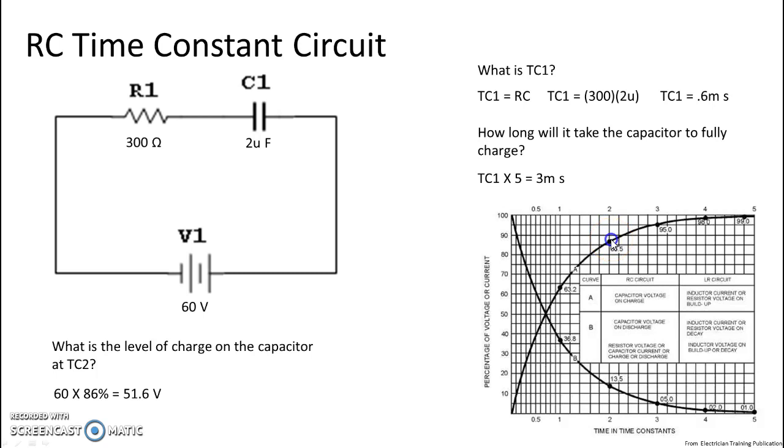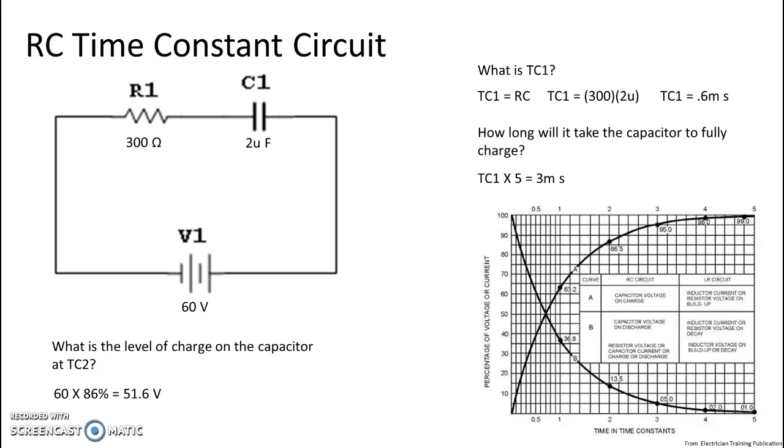So what we would do is take 60, which is the total voltage on the circuit, multiplied by 86%. If you're putting that into your calculator, it would just be 60 times 0.86, and you would get 51.6 volts. So at time constant 2, which is 1.2 milliseconds, because we take 0.6 milli times 2, 1.2 milliseconds is 51.6 volts on the capacitor.